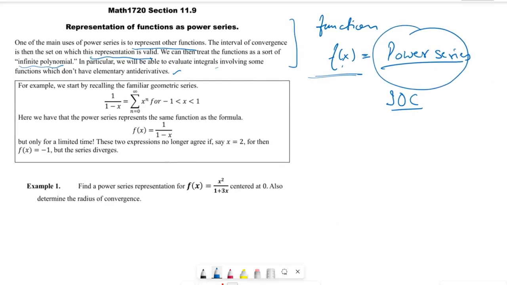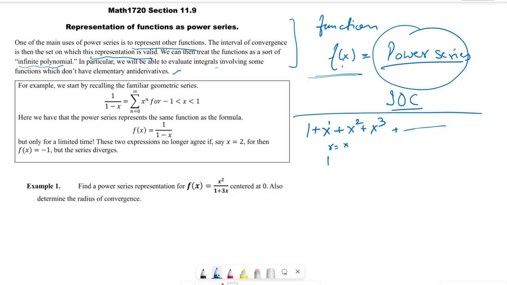So let's start with a very simple example which you already know. In the last chapter, we learned that if we have a geometric series 1 plus x plus x squared plus x cubed and so on, that is a geometric series with r equal to x.